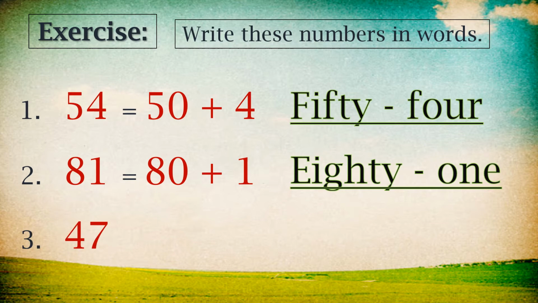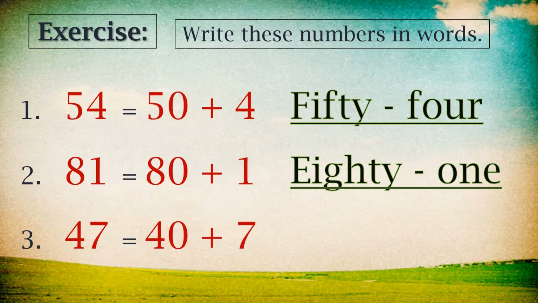Alright, kids, what number is this? You're right. Very good. This is number 47. 47. Now, Teacher Joshua, number 4 is equal to what?